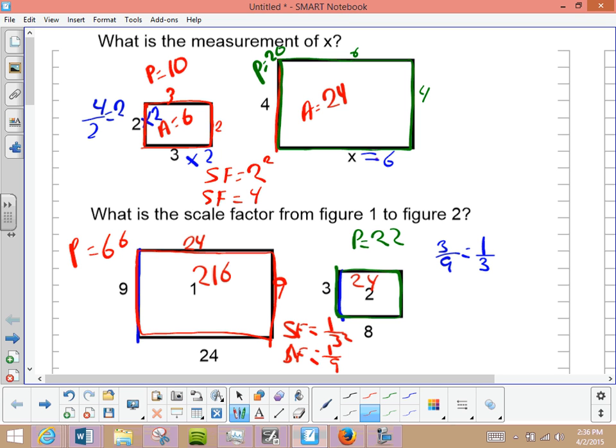No, because you're not multiplying by 3 to get that one. You multiply by 1/3. It's decreasing. Why do you have to square the scale factor to find the new area? Think about it. Ah, that's it. Very simple. Because the area is measured in squared units, right? It's two-dimensional.